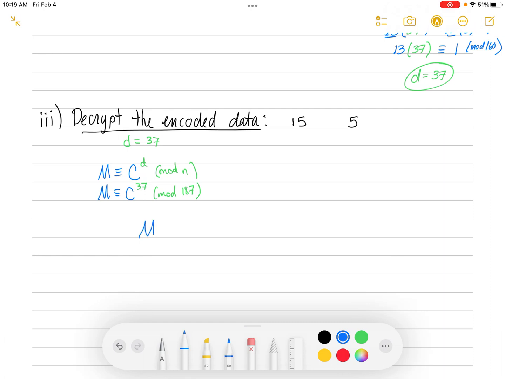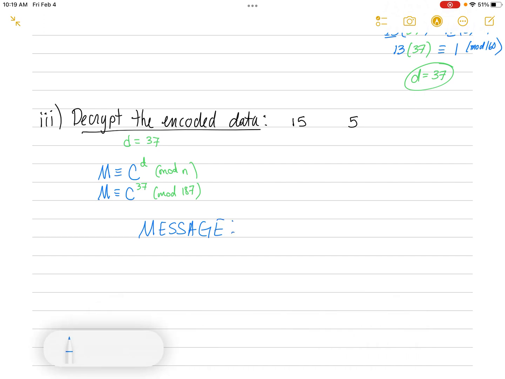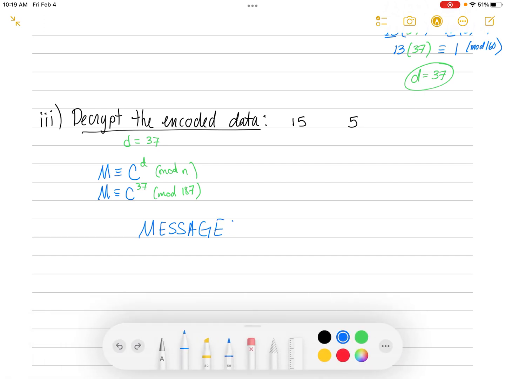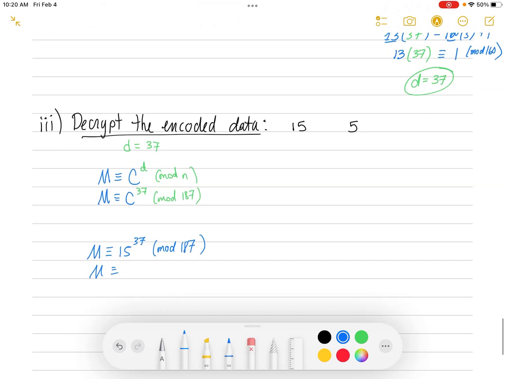Well, let's go ahead and work through this first. I'm going to cheat, okay? I'm going to cheat. So I want to find the message for 15. So I'm going to plug in 15 for my code, raise it to the 37th power, and mod that by 187. I'm just going to use the cheating calculator. So here comes the cheating calculator.